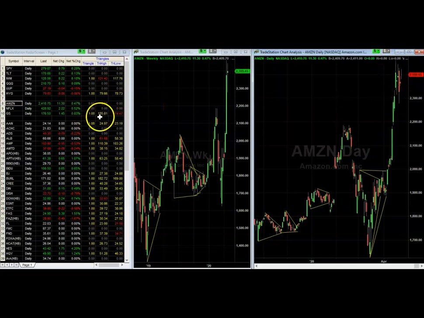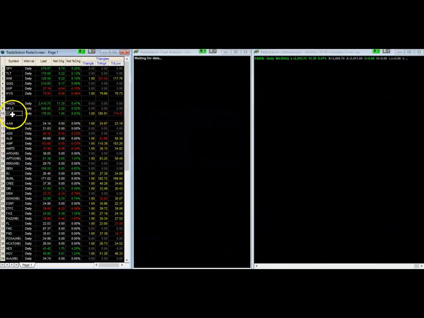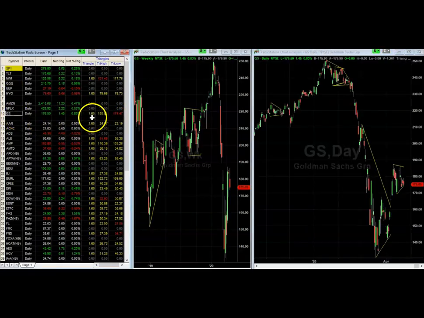Then let's say Goldman Sachs. Yes, it says there's a triangle forming, and sure enough on the chart there is one. Here's the high, the high bar of the triangle, and the low is down here. This is giving you the current value at the tip of the triangle as it's currently being created.